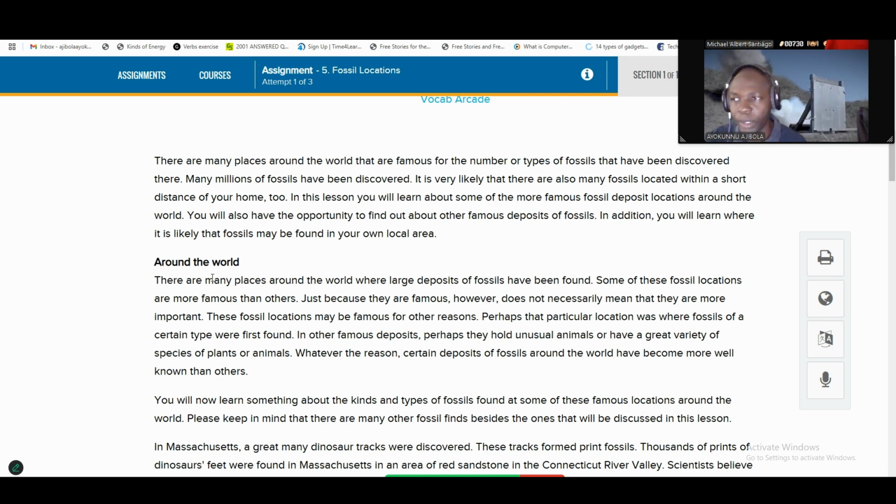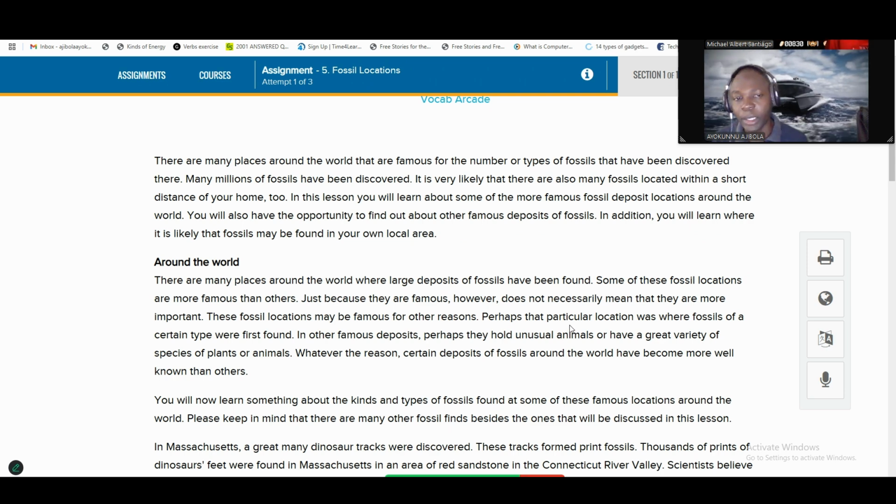So let's talk about around the world. There are many places around the world where large deposits of fossils have been found. Some of these fossil locations are more famous than others. Just because they're famous, however, does not necessarily mean that they are more important. People just know those places. These fossil locations may be famous for other reasons.